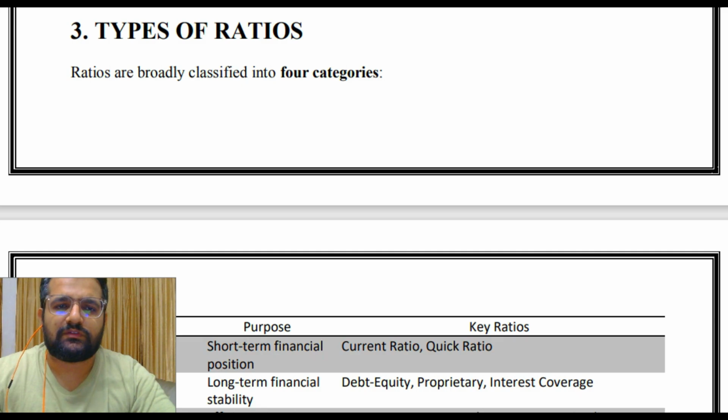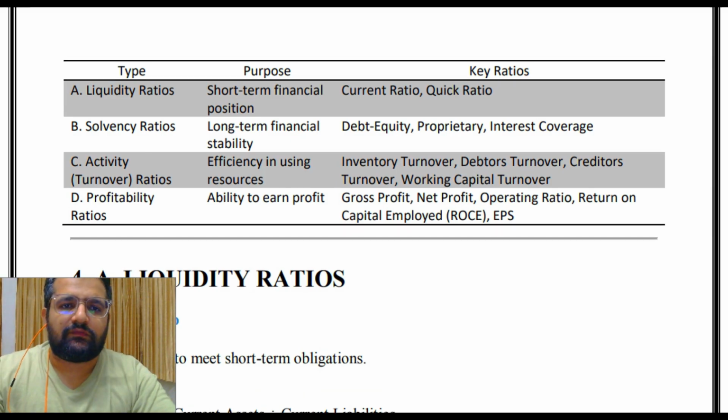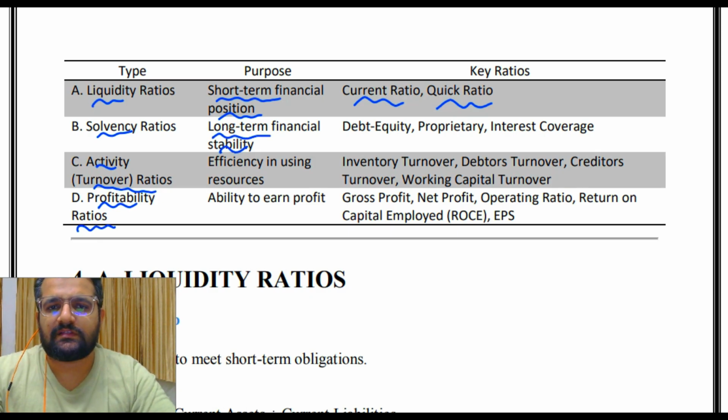Types of ratios. Ratios are broadly classified into 4 categories. So what are these categories? Liquidity ratio, solvency ratio, activity or turnover ratios, and profitability ratio. Purpose: liquidity ratio, short-term financial position. Key ratios: current ratio or quick ratio. Then solvency ratio, long-term financial stability.